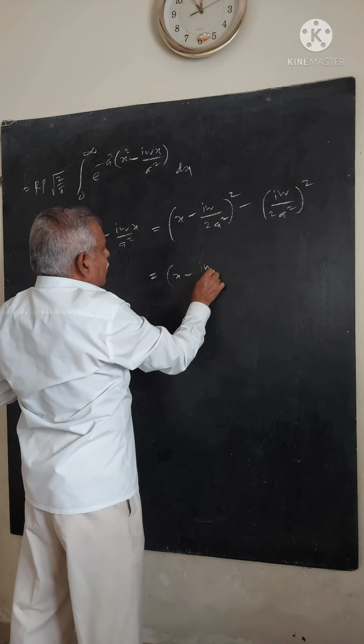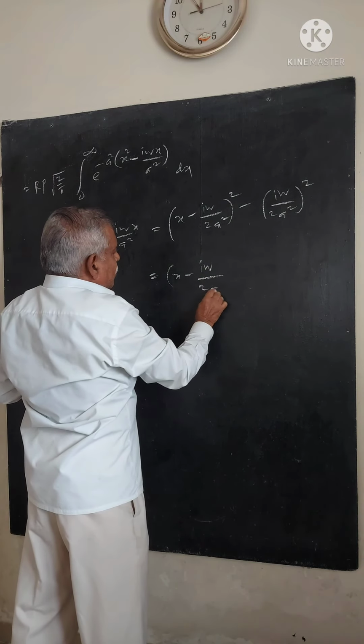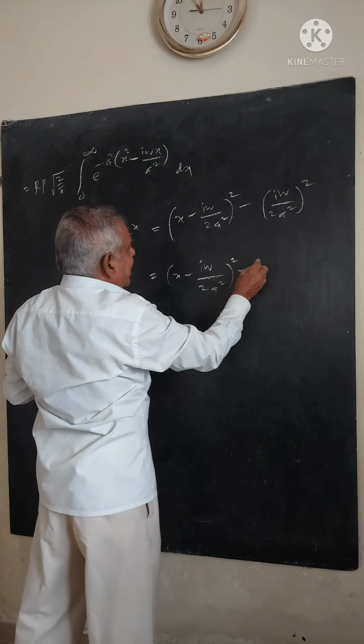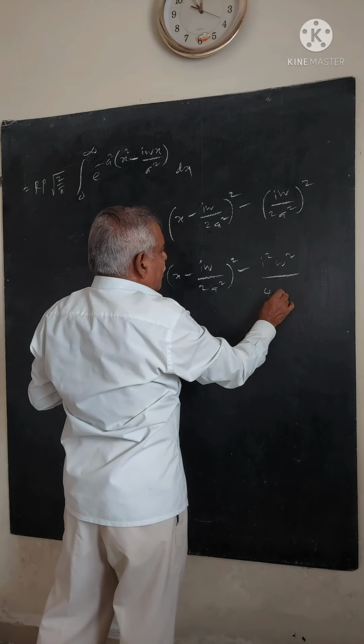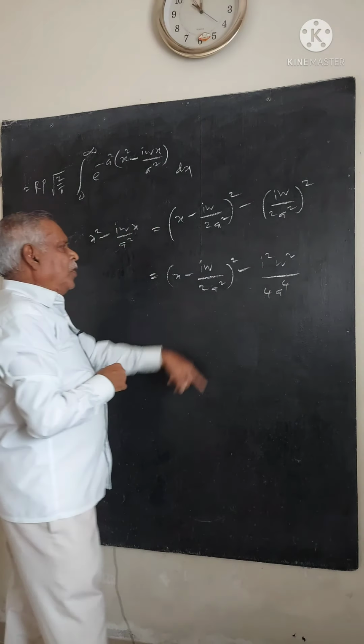So x minus i omega by 2a square whole square minus i square omega square by 4 a power 4.